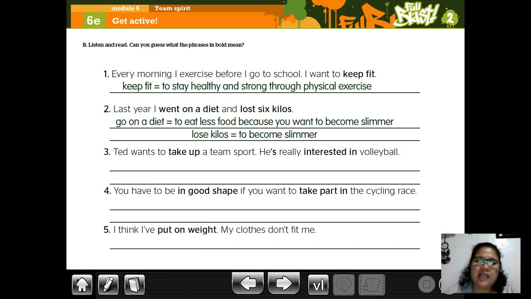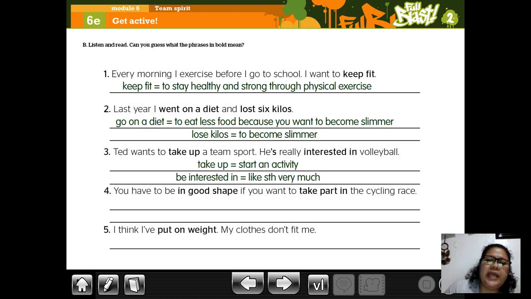Number three, Ted wants to take up a team sport and he's really interested in volleyball. So when you take up a sport is that you start, es iniciar o empezar con una actividad nueva, okay? Take up. And it says he's really interested in volleyball. When you're interested, you really like it, you want to do it, you're keen on, okay?